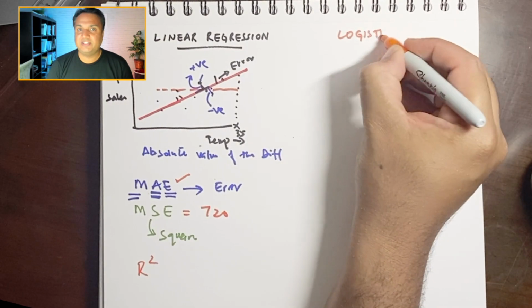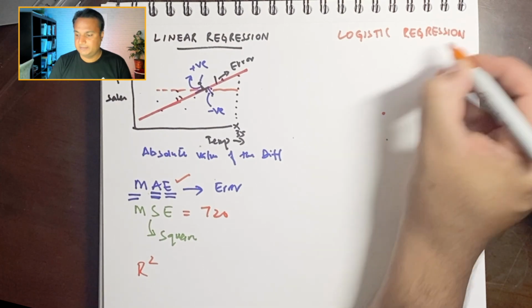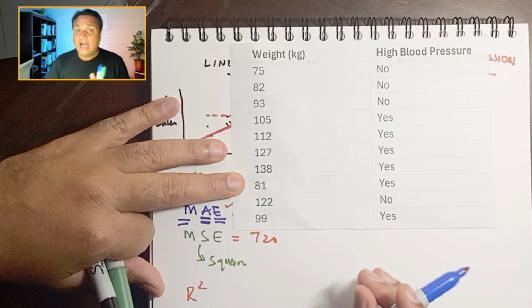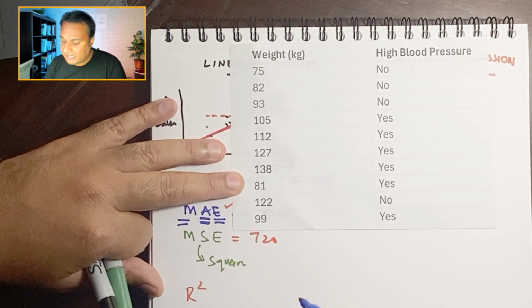And if you are still with me, let's look at logistic regression now and see how it builds on top of this knowledge to help us solve other slightly different problems. To understand logistic regression, let's look at different data. Let us say we are trying to estimate if someone has high blood pressure or not based on their body weight. And after taking some measurements, let's say we get data like this.